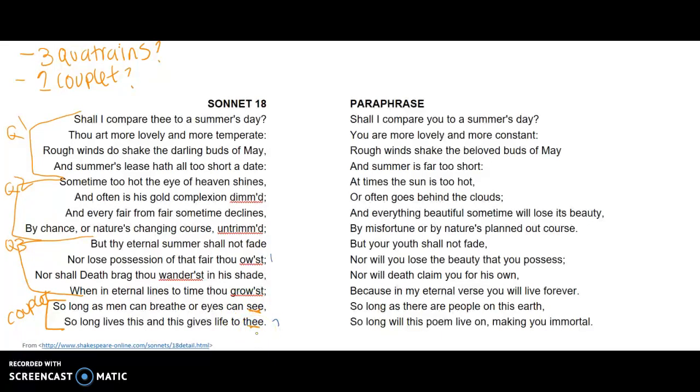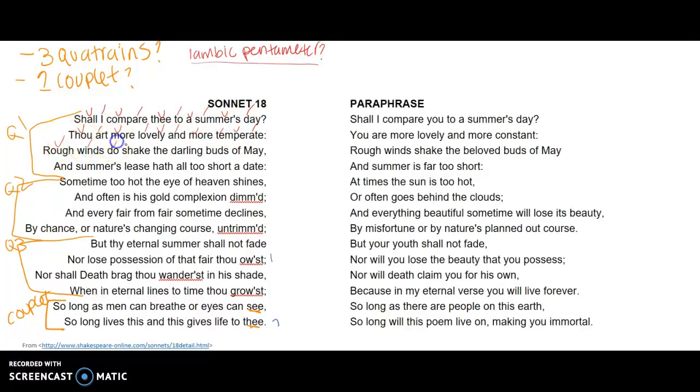Now, can you find the iambic pentameter? Let's see if I can read it out loud and label it as I go. Shall I compare thee to a summer's day? Thou art more lovely and more temperate.